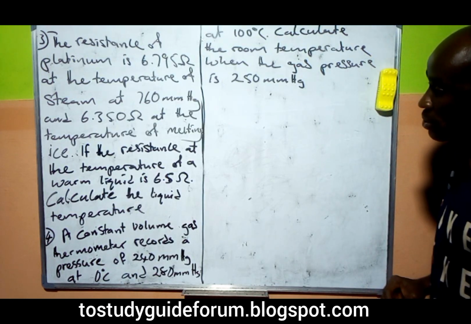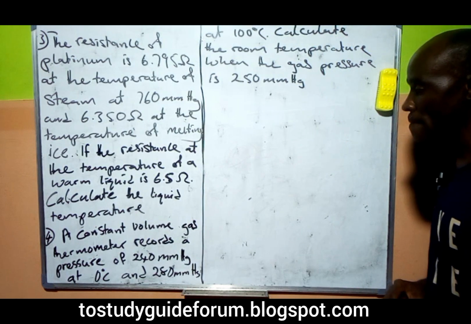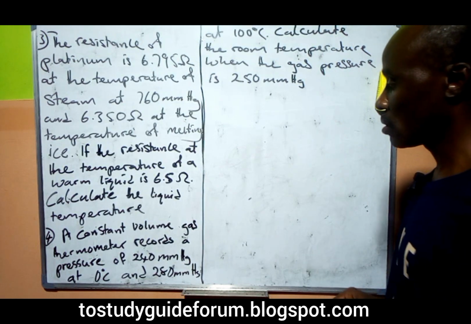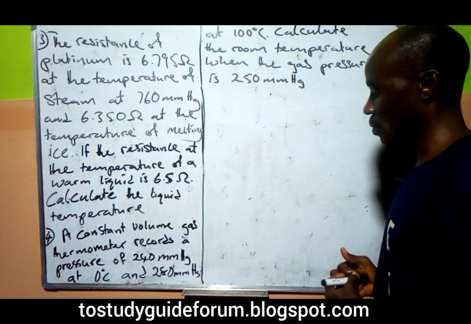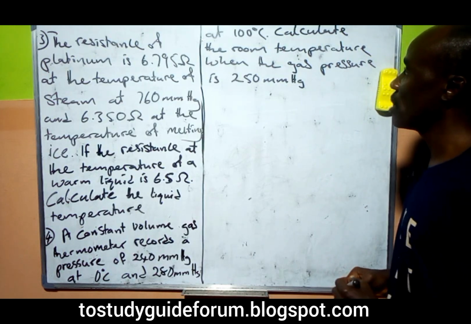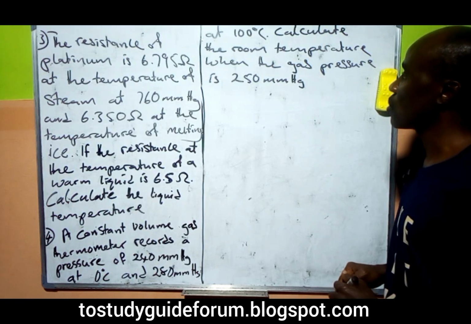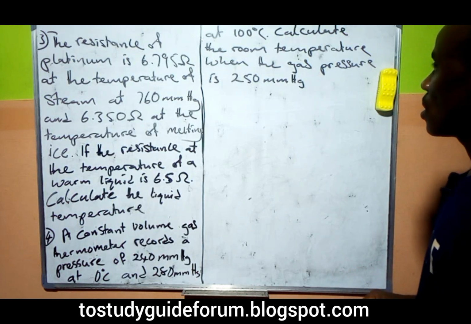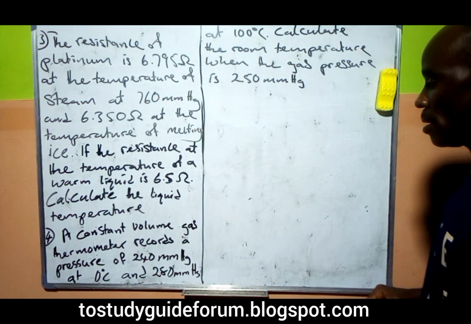So let's continue. The last one we have here is a constant volume gas thermometer that records a pressure of 240 millimeter mercury at 0 and 280 millimeter mercury at 100 degrees Celsius. Calculate the room temperature when the gas pressure is 250 millimeter mercury.